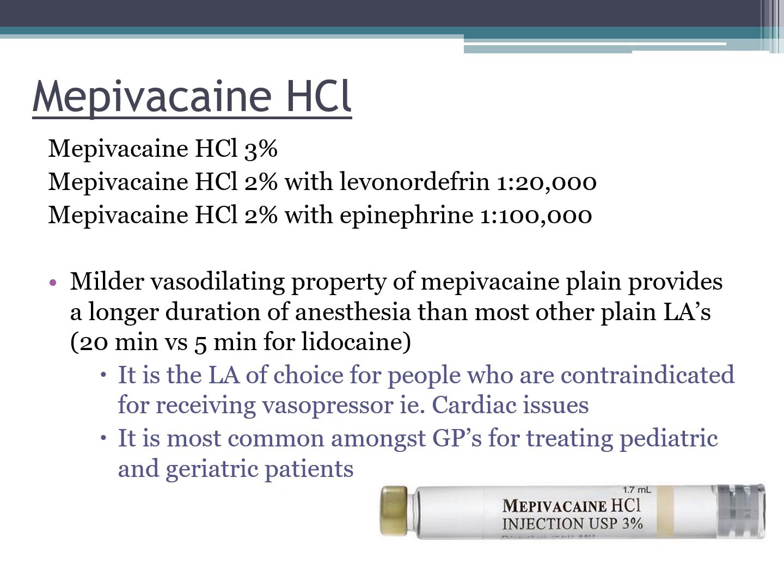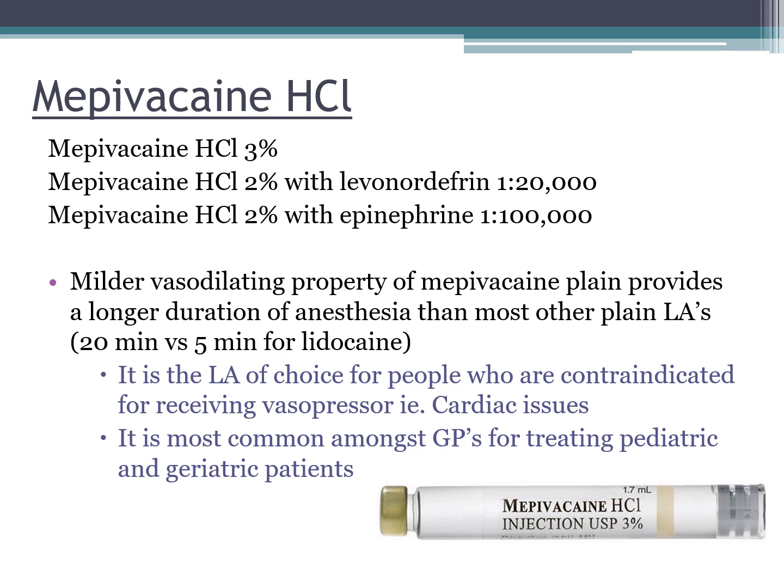So it is the LA of choice with people who are contraindicated for receiving vasopressor because of cardiac issues. So if your patient has cardiac issues or is taking tricyclic antidepressants, for example, they will be using mepivacaine HCl 3% in the clinic.